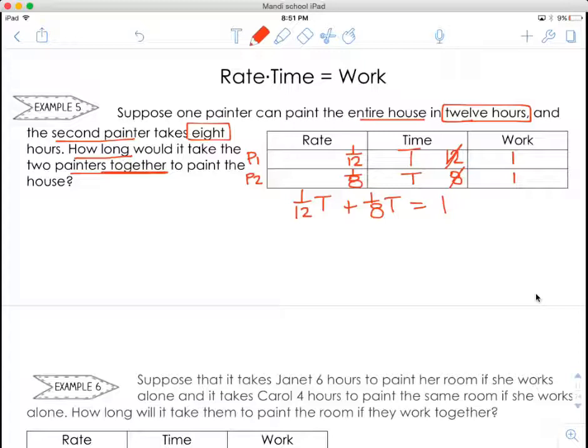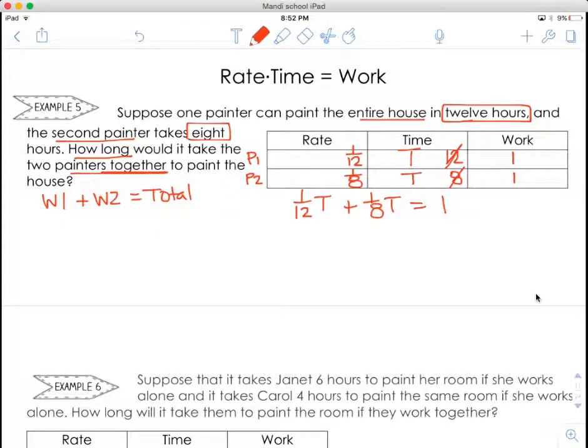So this was the work of 1 plus the work of 2 equals the total amount of work. So their total amount of work was one house. The first person can do 1 out of 12 in a certain amount of time. The second one can do 1 out of 8 in a certain amount of time. How much together? So we add them together.